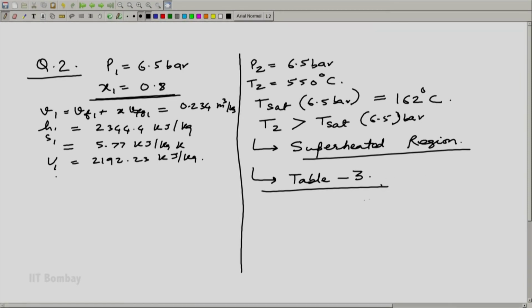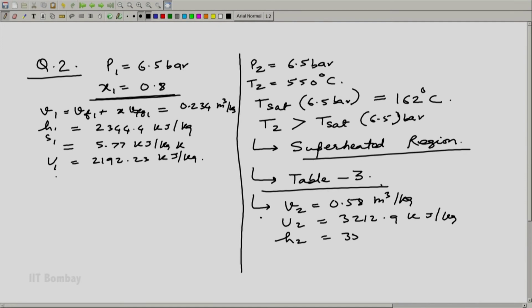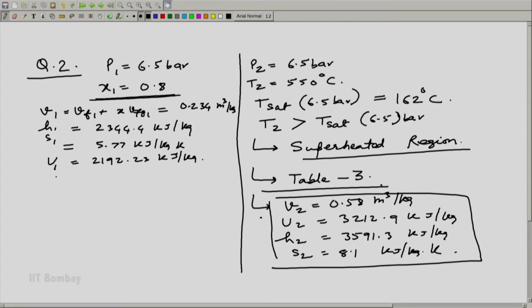I will not show you the table 3 values here, but from there what we get is V2 is equal to 0.58 meter cube per kg, U2 is equal to 3212.9 kilojoule per kg, H2 is equal to 3591.3 kilojoule per kg, and S2 is equal to 8.1 kilojoule per kg Kelvin. This is what point 2 is going to be.